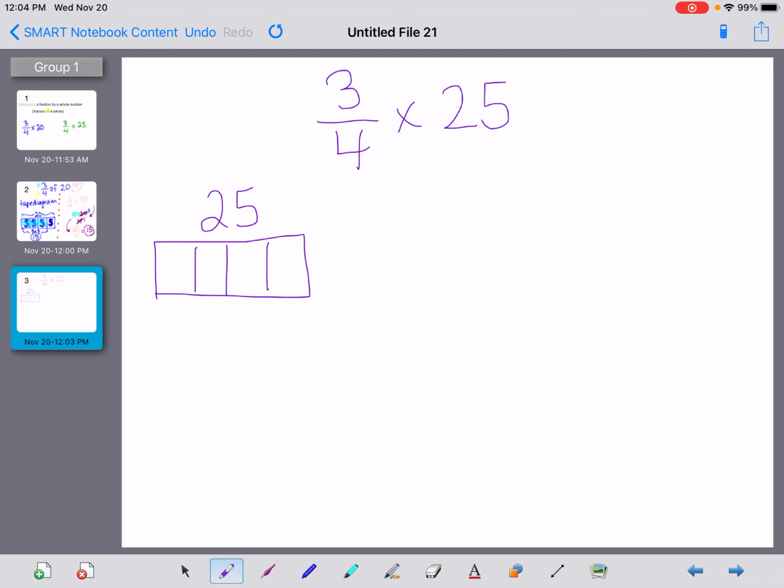Now, I don't really know 25 into 4 groups. I could put 25/4, or I could divide. I know that 6 is going to give me 24, with 1 left over. We're going to turn that remainder into a fraction and put 6 and 1/4 in each of these.